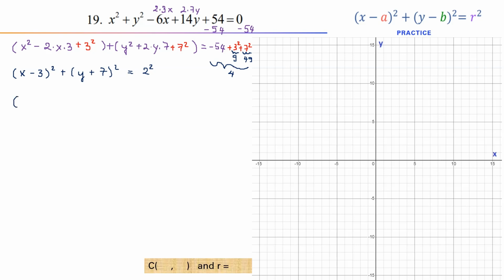Now rewrite one more time: (x minus 3) squared plus (y minus negative 7) squared equals 2 squared. Why do we have to rewrite it? Whenever we see the plus, this one has to be minus, right there. So that's why we have to rewrite it.